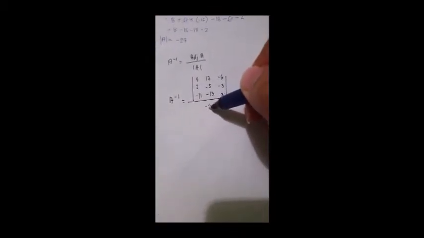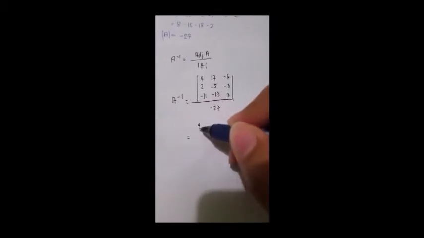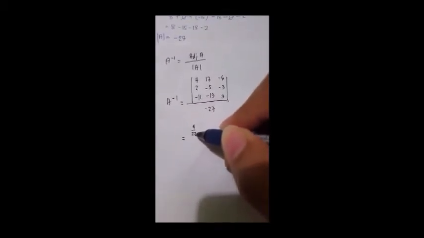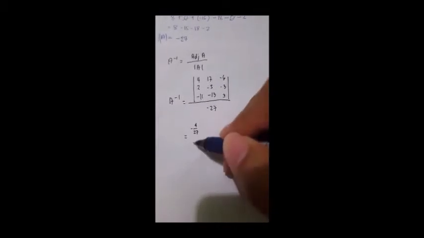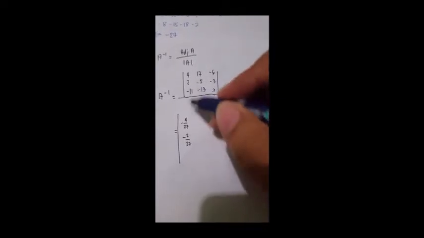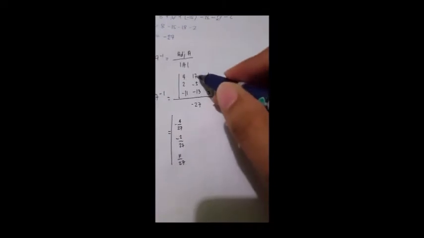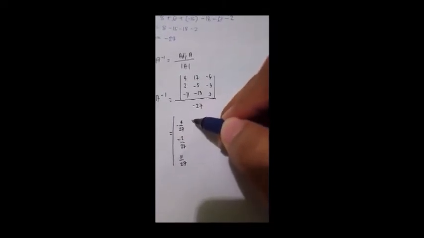Divided by our determinant is negative 27. So, lahat ng members ng matrix i-divide natin. So, we will now get 4 over 27, negative 2 over 27. We have 11 over 27. Be mindful of the signs, guys.